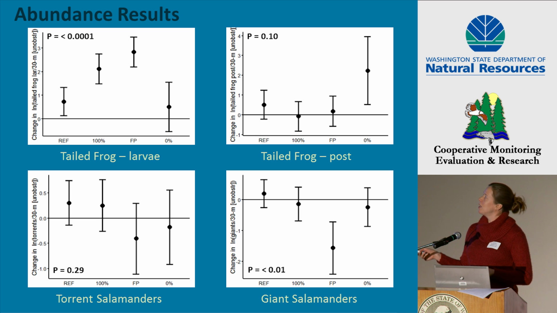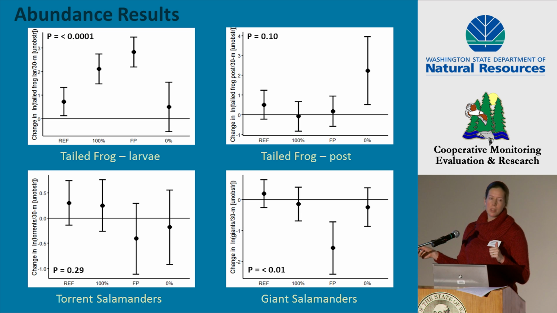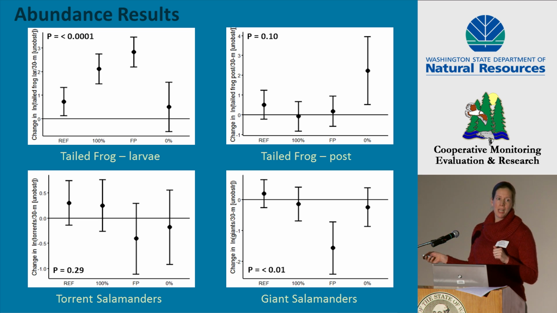So for example, here, we did see a small increase. Well, wait, let me go back one minute. So the dots are the estimated change from pre to post harvest, and then these are 95% confidence intervals. And no change would be any values that overlap the 0. A positive change in abundance would be anything that's above the line, and a negative change in abundance would be anything that's below the line.